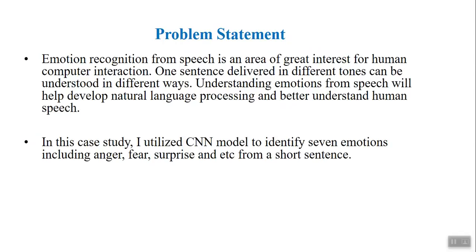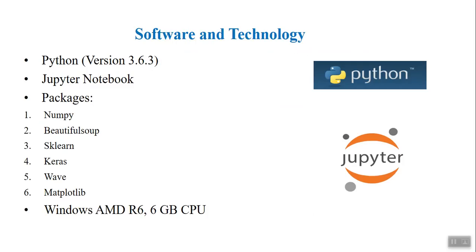So understanding emotions is a great way to help develop natural language processing and better understand human speech. In this case study, I utilize a CNN model to identify the 7 emotions, including anger, fear, surprise, happy, disgust, and so on, from very short, just 4-word sentences.